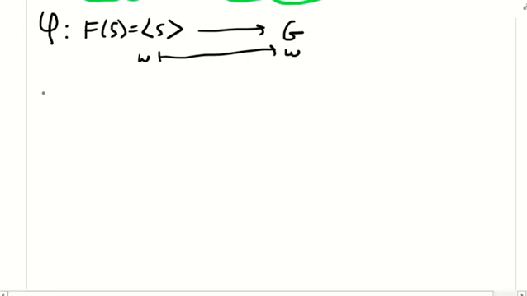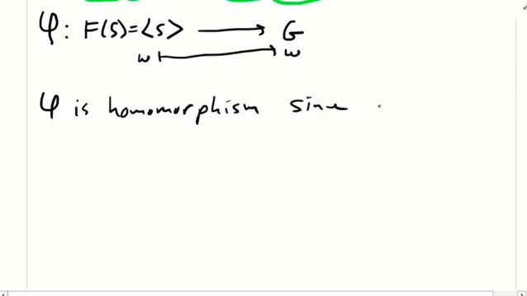So here phi is a homomorphism since W1, W2 maps to W1, W2, right? Here we're just using juxtaposition as our multiplication, but here this is the multiplication in G. It doesn't really matter, right?